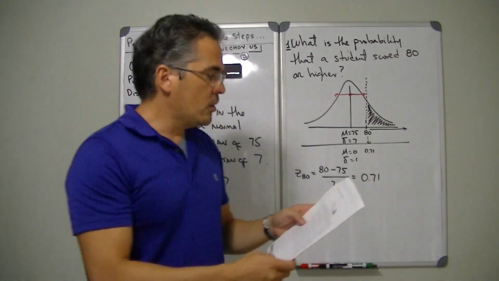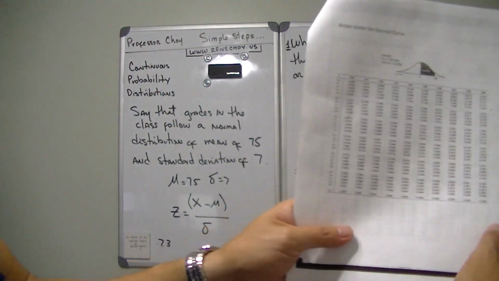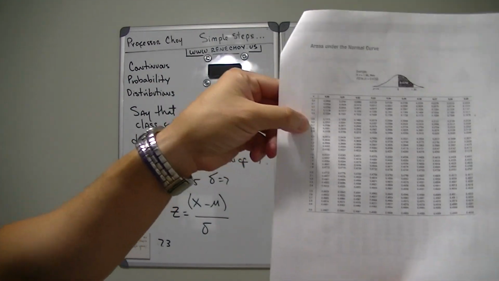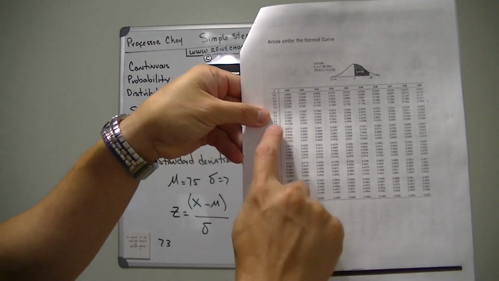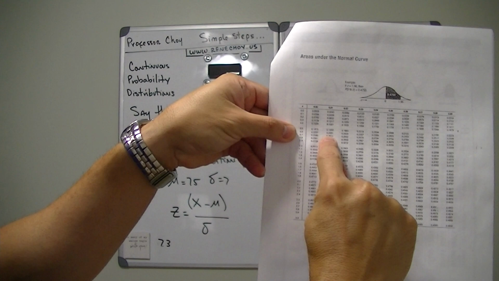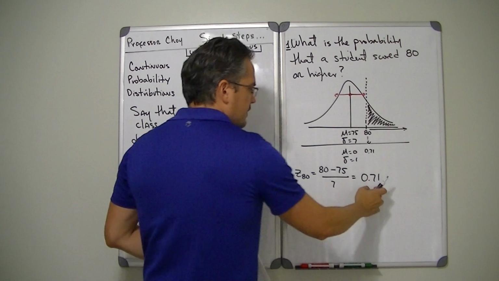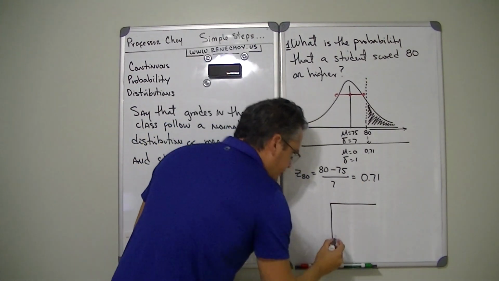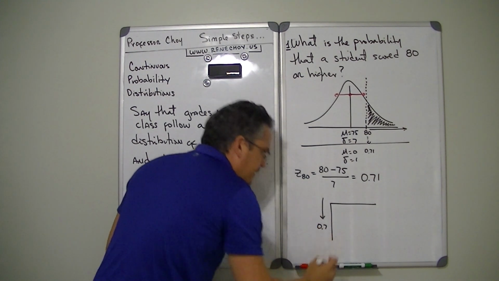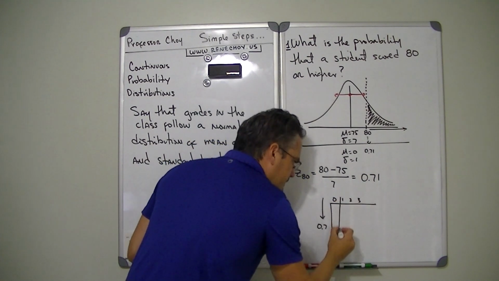Okay? So, in order to find the probability of 0.71, I gotta go to the top of the z here where it says 0.7, and then I'm gonna slide this way to 1. And the answer is 0.2611. So again, to find this 0.71 on my table, I'm going to go down to 0.7, and then I'm going to go sideways to 1.